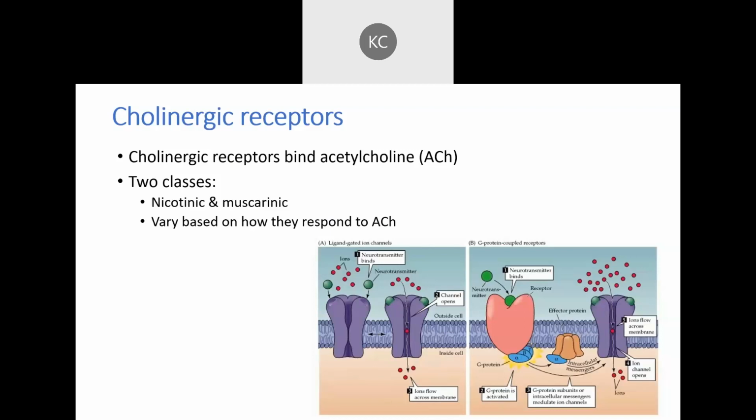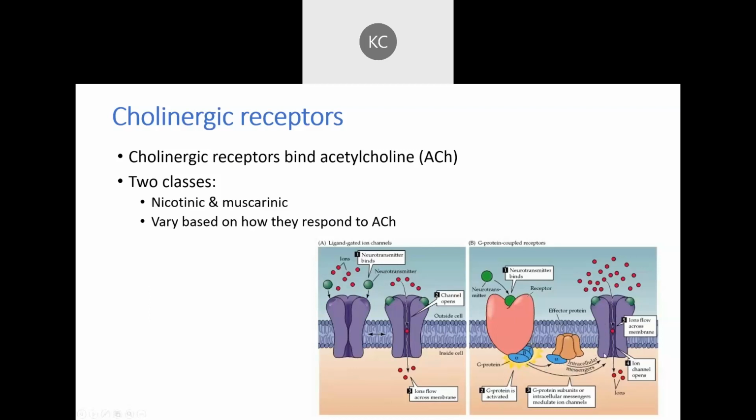Muscarinic functions as what's called a metabotropic receptor, or they're sometimes called G protein coupled receptors, or GPCRs. What these do is, instead of the receptor also acting as a channel, you bind the neurotransmitter, just like here, you have a neurotransmitter bind. That then stimulates a cascade of events, and it stimulates something called a G protein. When you stimulate the G protein, you get all these downstream effects that ultimately result in the opening of an ion channel.